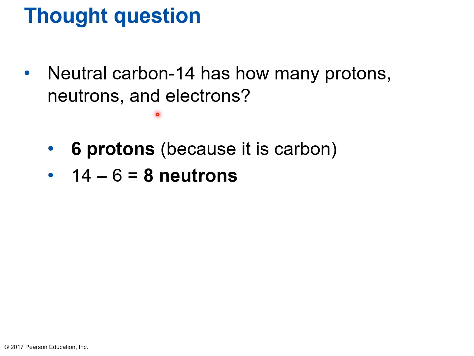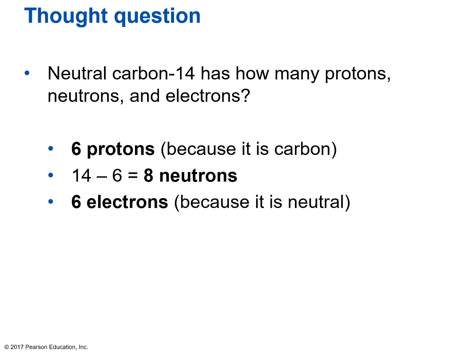And then you can see the 6 protons plus the 8 neutrons, they should add up to give that mass number 14. Now, the last question, how many electrons does it have? And the key word is right here, that it's neutral. If it's neutral, electrically neutral, that means that there's as many protons as there are electrons. And as I said before, this is the normal state that atoms tend to occur in nature. So having 6 protons and being neutral, it has 6 electrons.